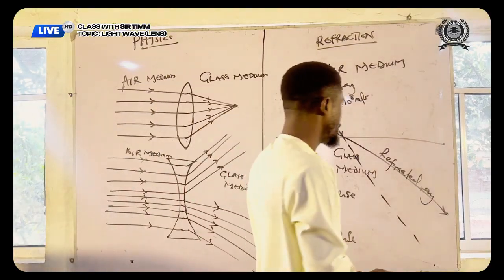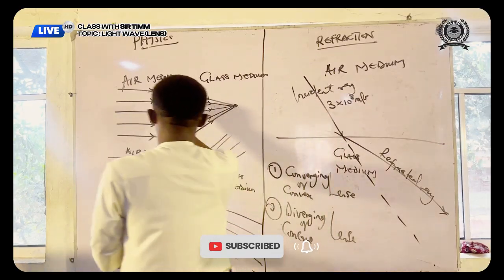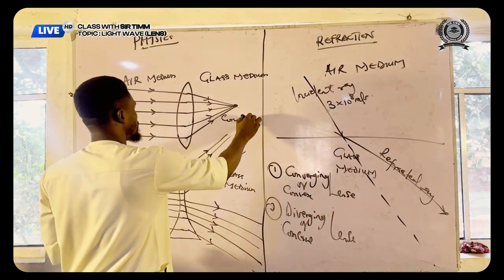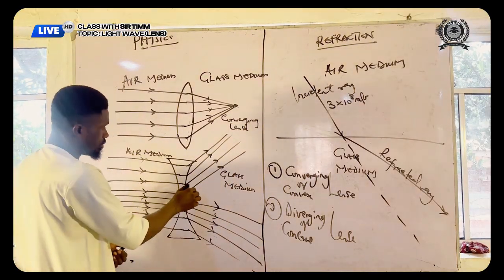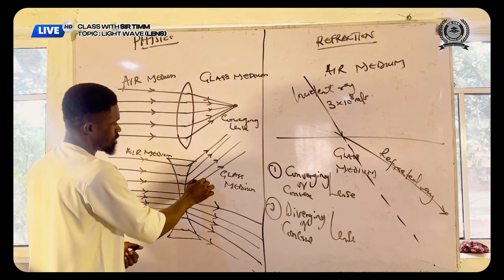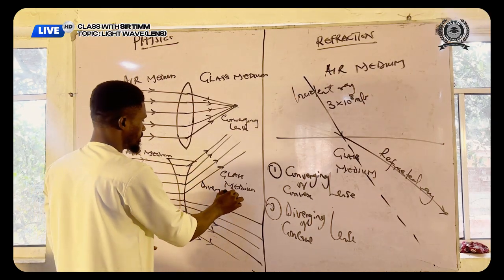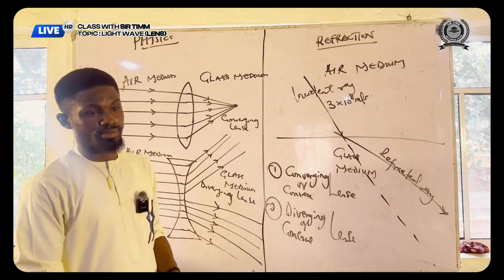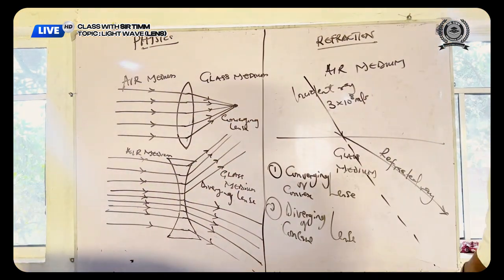Are we together? Yes, sir. So this is called the convex or converging lens, isn't it? This is called what? The concave or diverging lens, isn't it? Yes, sir. Is it understood? Can we move ahead now? Yes, sir.